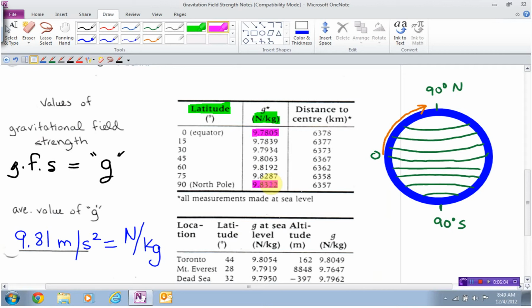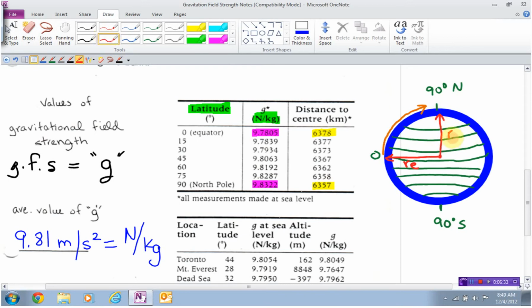Now, why is that? Well, look at the distance here. At the equator, you have a distance of 6,378 kilometers from the Earth's center all the way to the equator, the radius of the Earth. But the same distance as measured to the North Pole is only 6,357 kilometers. That's this distance right in here.